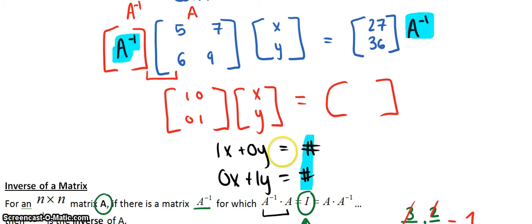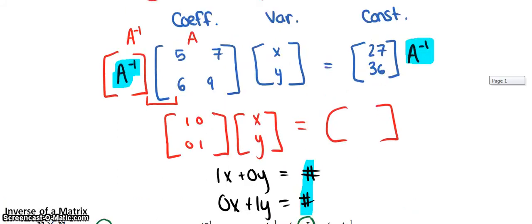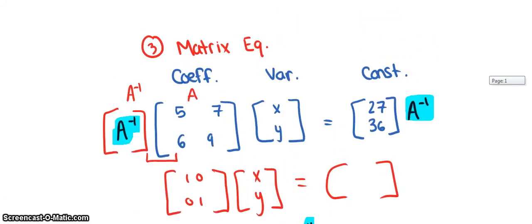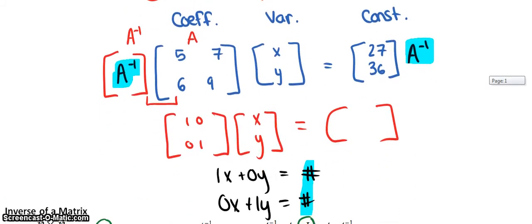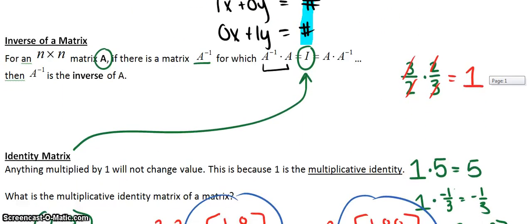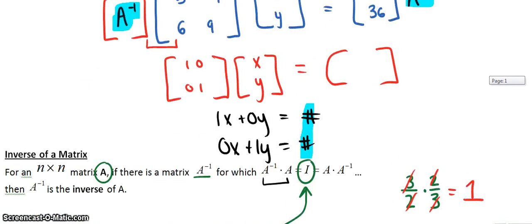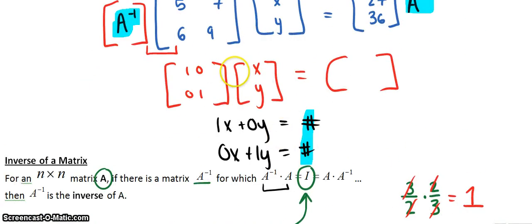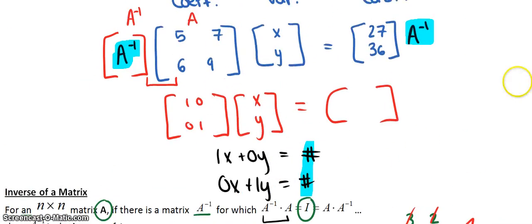So that's where I'll get those numbers. With more time, I could complete that problem. Okay, so that's why we need to know identity matrices, so we can solve matrix equations. So please, I know that was a lot of information. Come with questions. You can finish this problem on your own by actually finding the inverse matrix and multiplying both sides by that matrix to get the identity and to get your solutions.